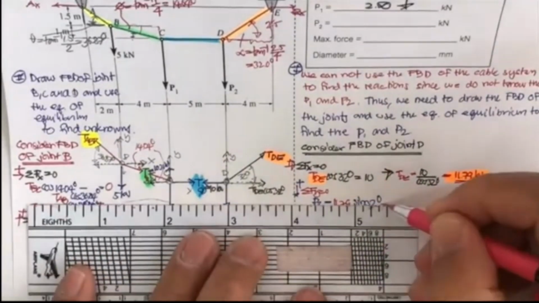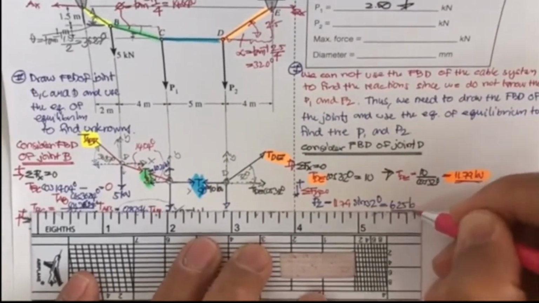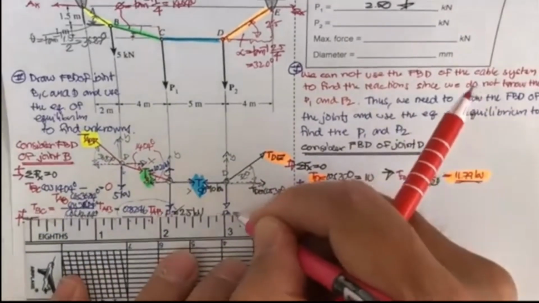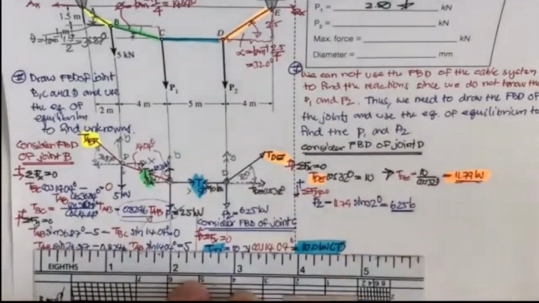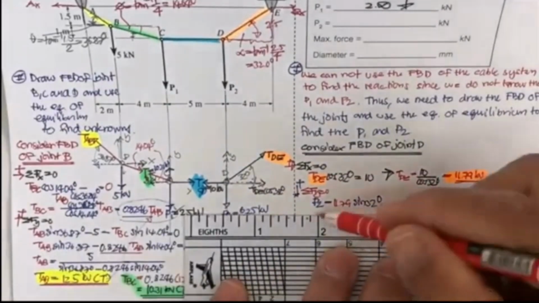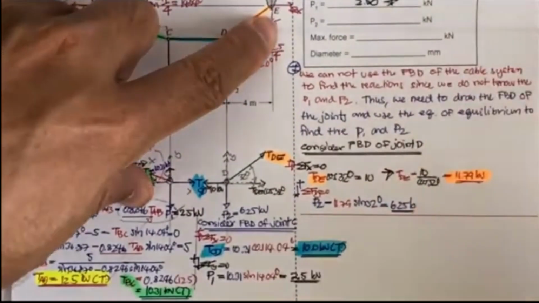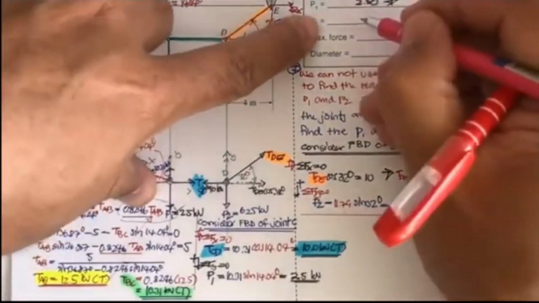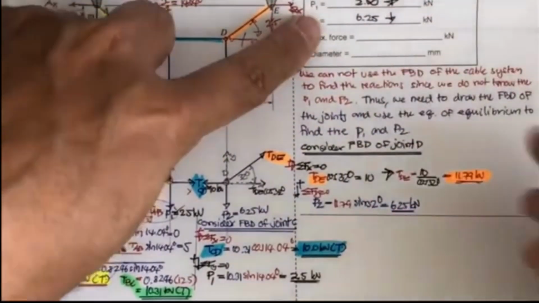And if you put everything in your calculator, this is going to be 6.25 kilonewton. So by doing this, we have P2 of 6.25 kilonewton, downward.